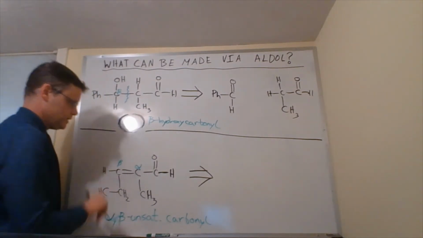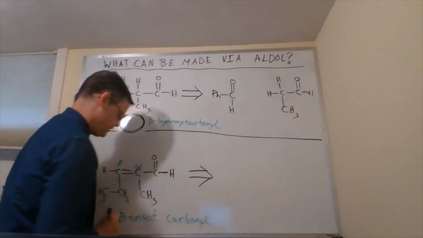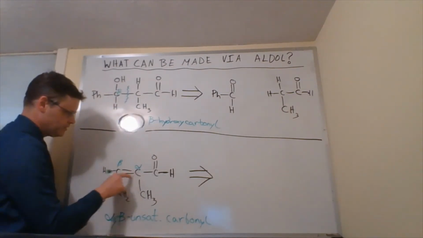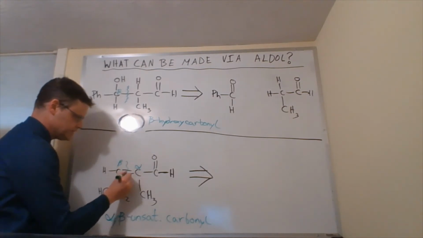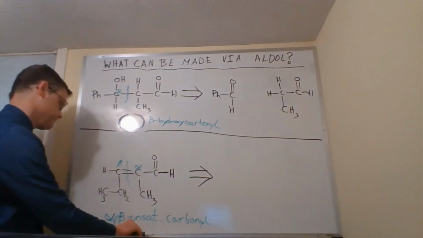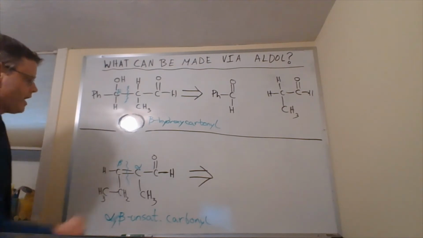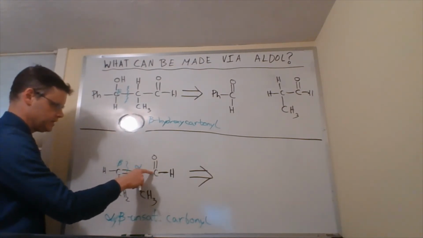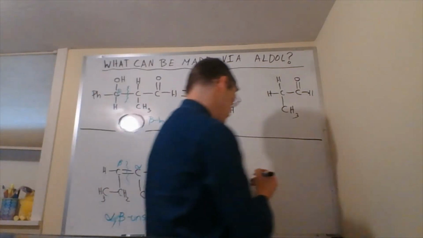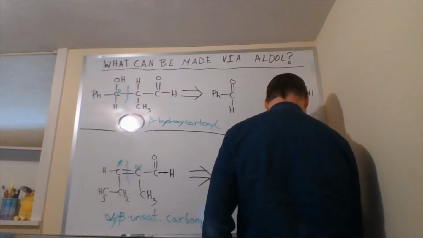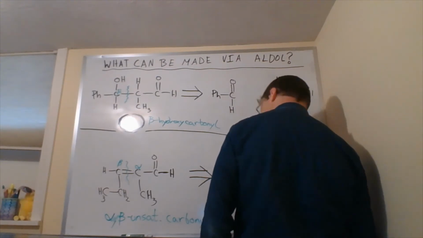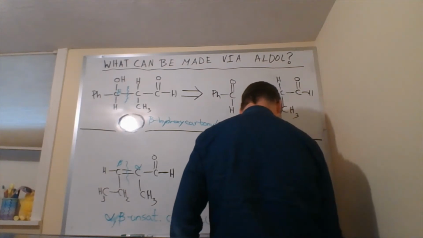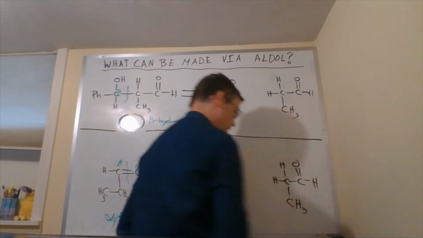All right, we can do some similar analysis for an alpha, beta unsaturated carbonyl. Again, the new carbon-carbon bond is between the alpha and the beta carbon. All right, and so again, the part that has the intact carbonyl in it is going to be the one that forms the enolate in the aldol reaction. Okay?